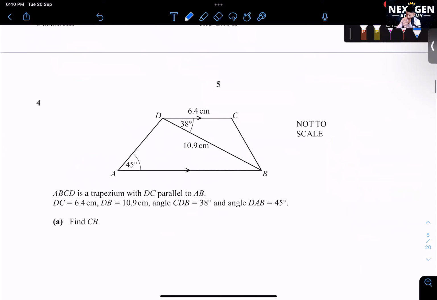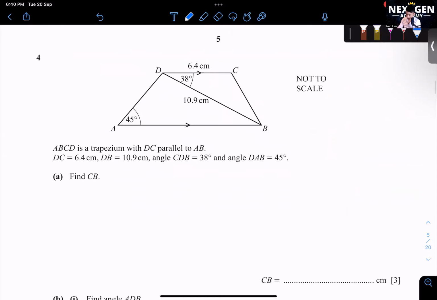All right, next one. Question 4. ABCD is a trapezium with DC parallel to AB. DC equals 6.4 cm, DB equals 10.9 cm, angle CDB is 38 degrees, and angle DAB is 45 degrees. Find CB.